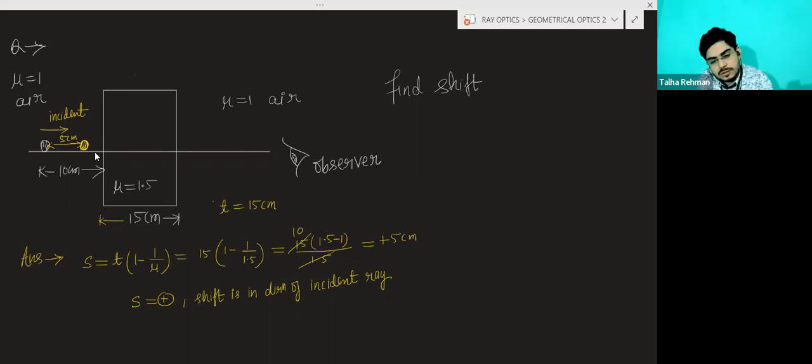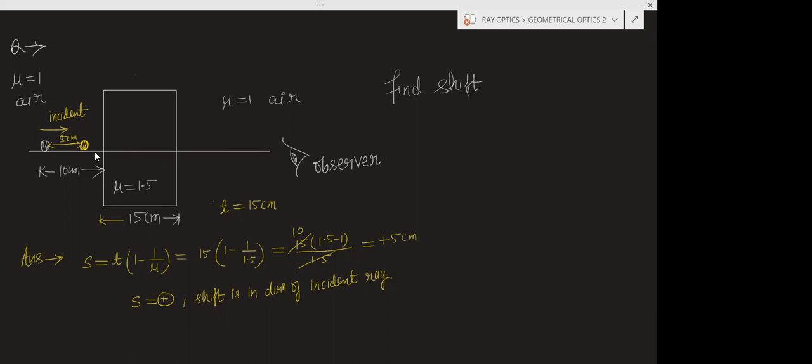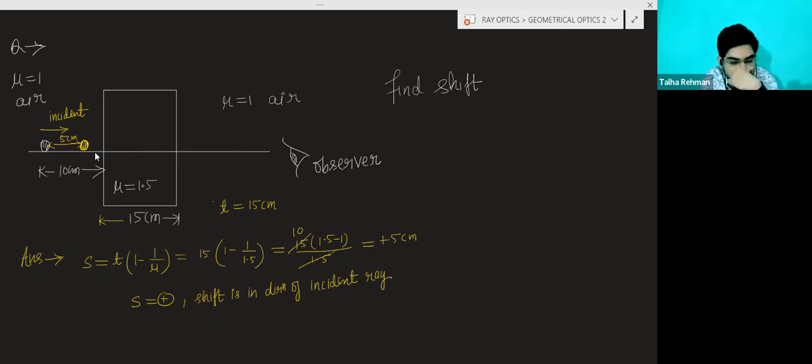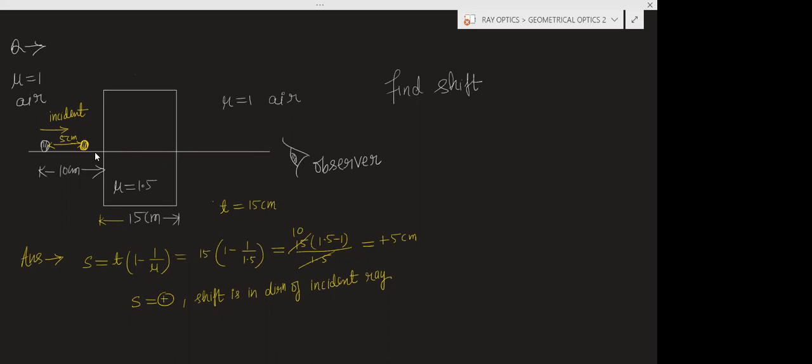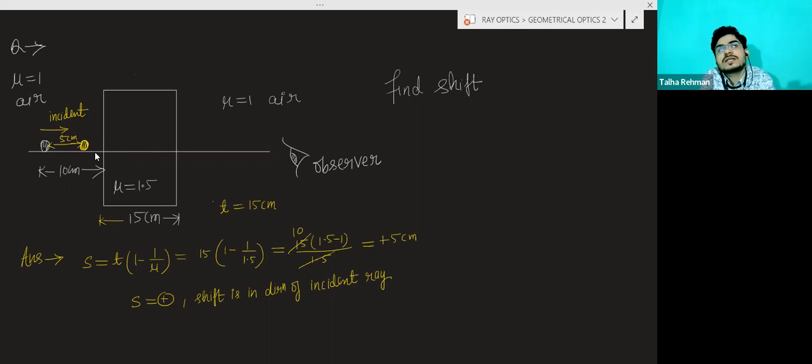Have you heard about total internal reflection? From your syllabus, total internal reflection is there, but the application part, like optical fiber, mirage and all these, is deleted.